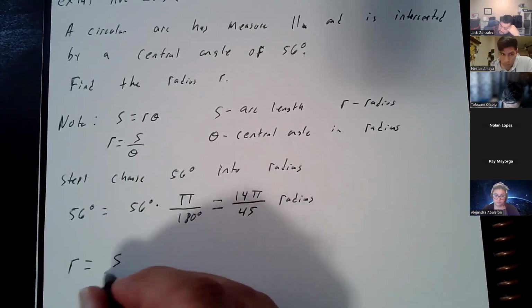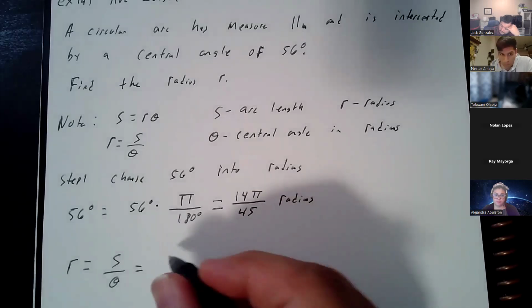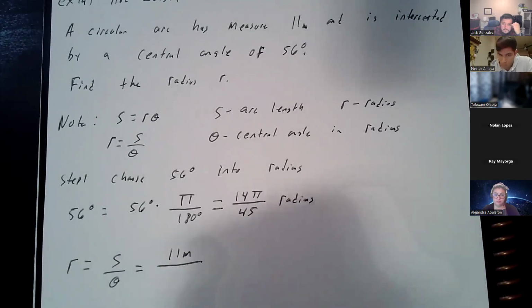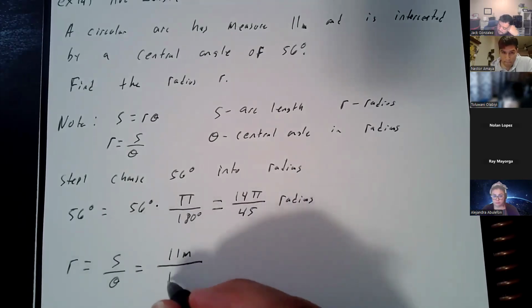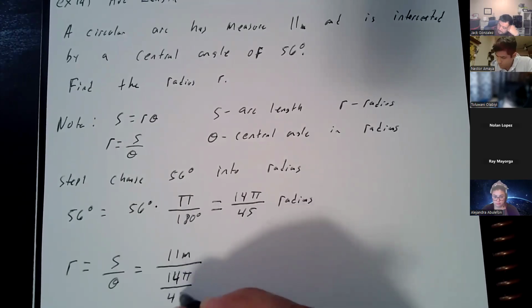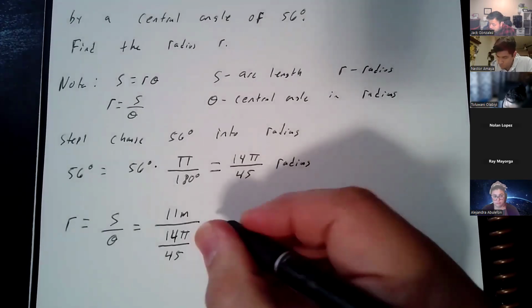So that means that R is equal to S over theta. S was what again? Arc length. So 11 meters from the problem set, right? For the arc length. Theta is this weirdness. At this point, you just have to divide it with your calculator.